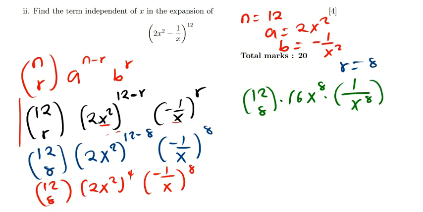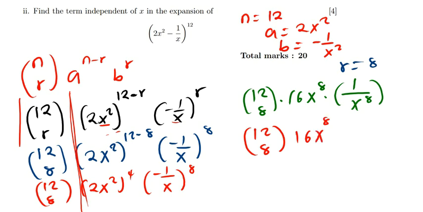Now I can remove the brackets. This one I'll just bring it the way it is, don't tamper with it. So it's going to be 16 x to the power 8 times 1 over x to the power 8.